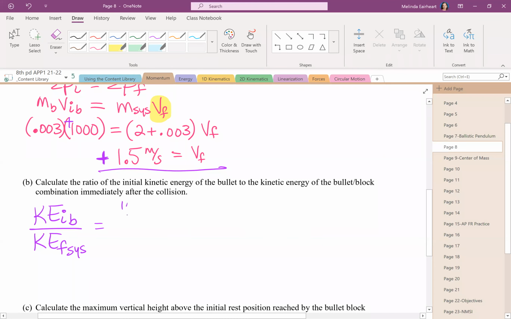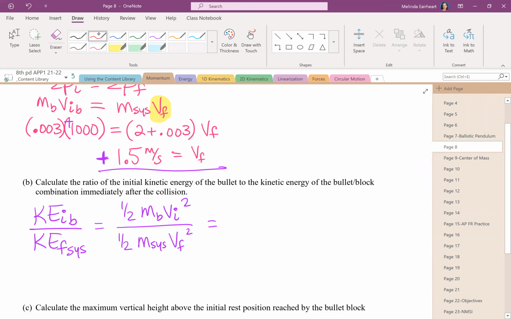And so we have 1/2 mass of bullet times the initial velocity squared divided by 1/2 system mass and the final velocity squared. And if you notice what could happen, 1/2 can cancel.